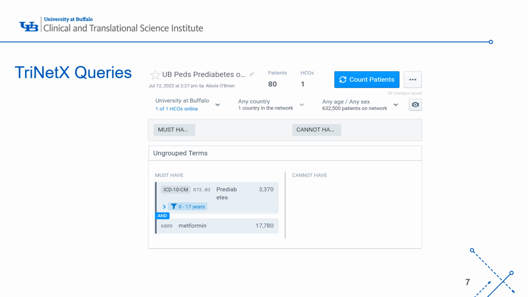TriNetX also allows collaboration with peers at other member institutions. For instance, if a researcher wanted to recruit 300 patients with a specific diagnosis, but a local query does not yield a large enough pool of potential participants, they could open a query to the larger TriNetX network to find more patients and potential collaborators.